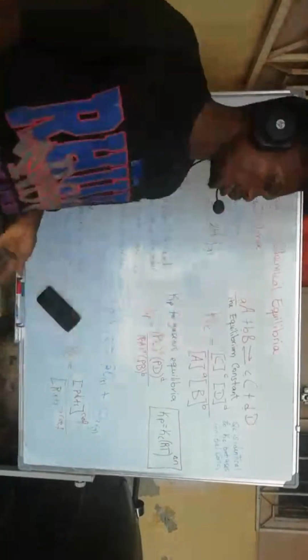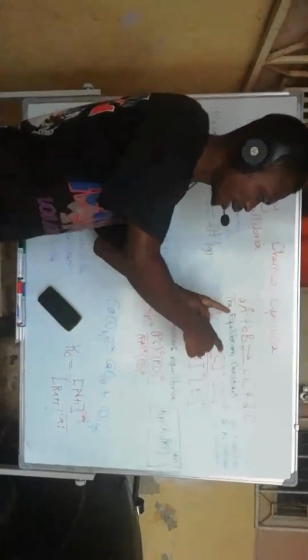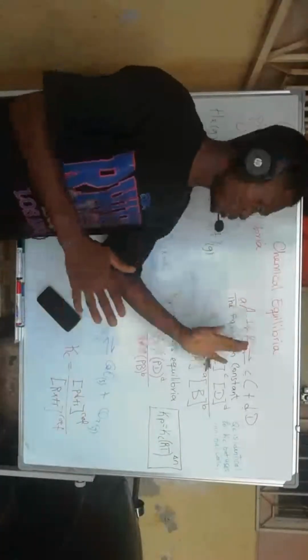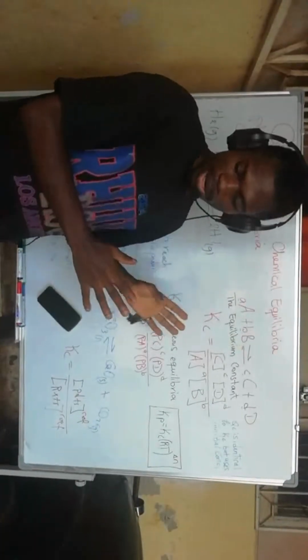That is just it. So when we put in square brackets like this, it means the concentration. We are putting in square brackets to simply tell you that we are talking about the concentration.